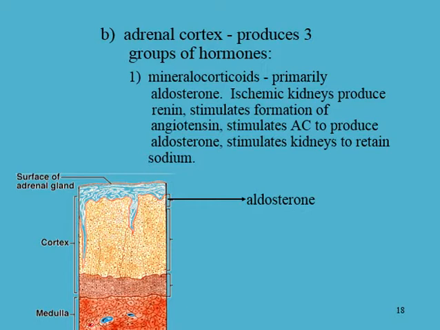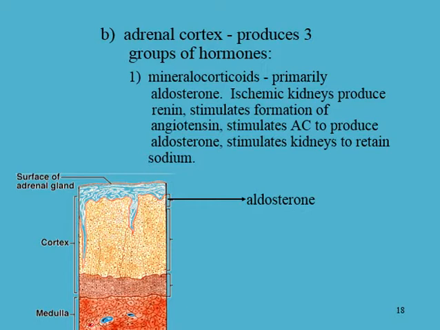Let's see if we can close this loop. All right, so we don't want to leave this loop open-ended here. So we know the problem is we have an ischemic kidney. It releases renin. Renin causes the formation of angiotensin. Angiotensin stimulates the adrenal cortex to release aldosterone. Okay.